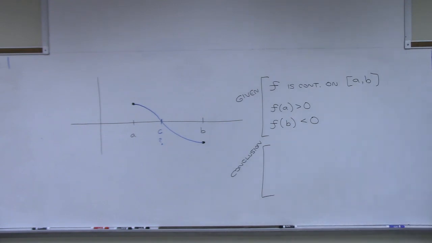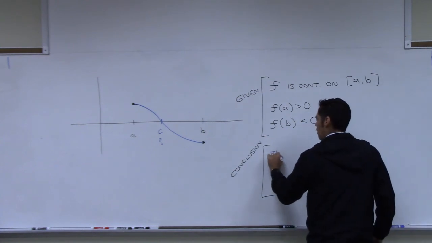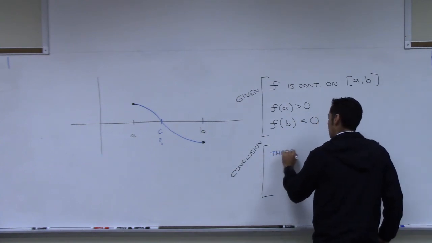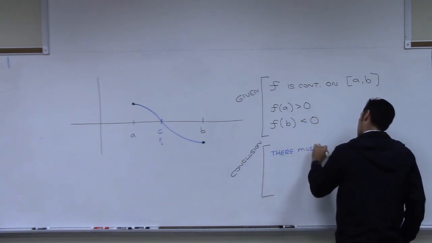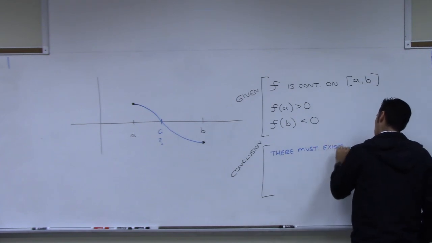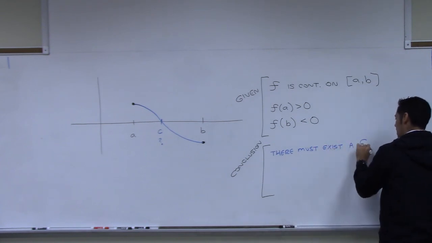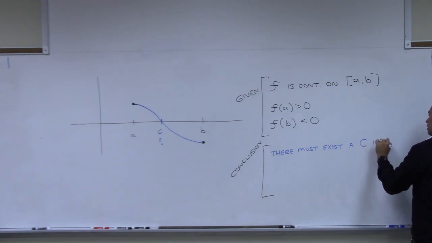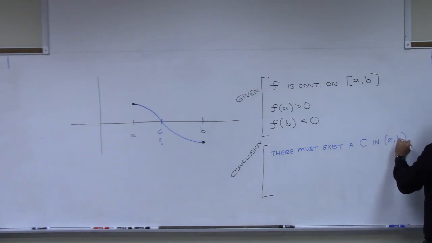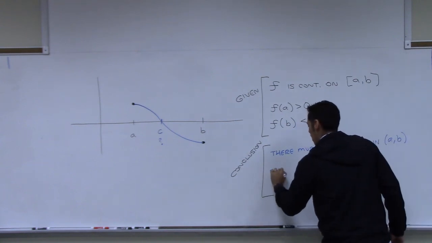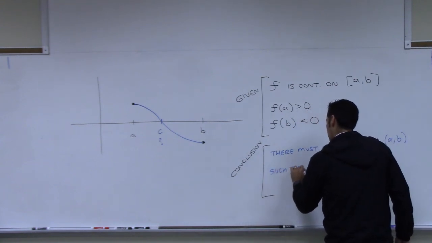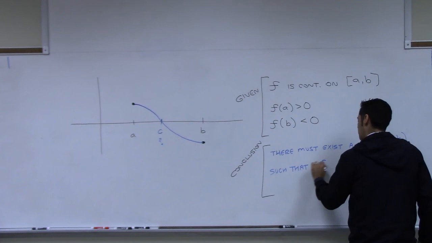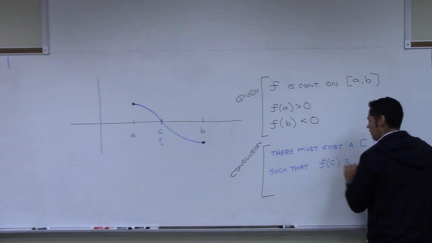I'm guaranteed it's there. The conclusion of this is there must exist a c in the interval [a, b] such that f of c is what?